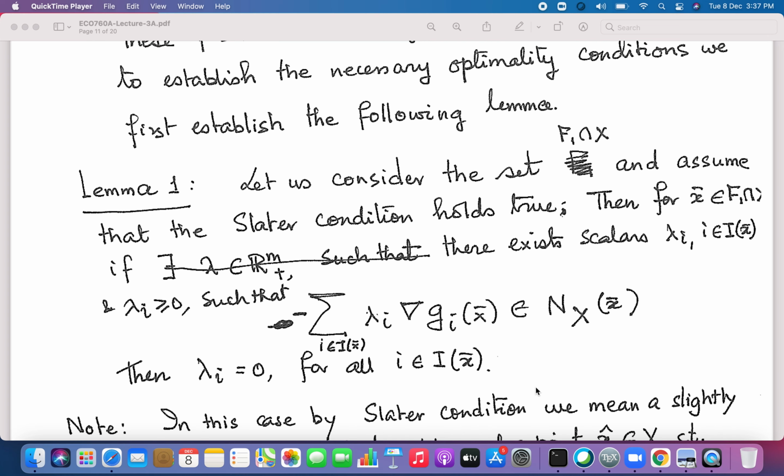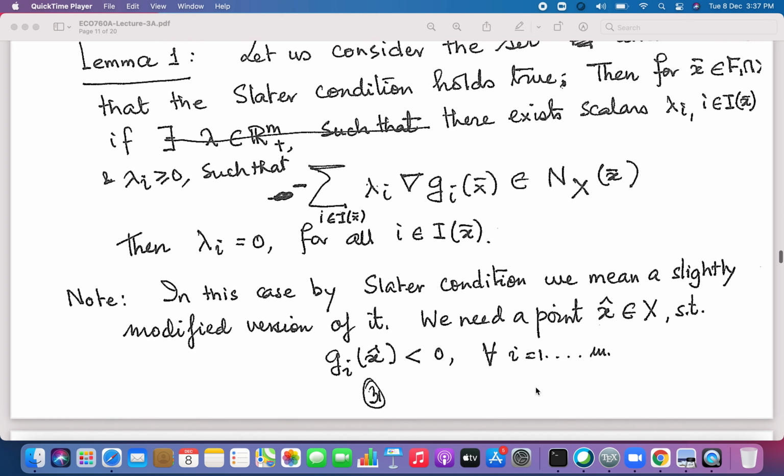We have not computed the normal cone at x bar to the intersection of the sets f1 and x. That cone we have not computed yet, but we do not need to compute it. Actually, the Slater condition will give us this.